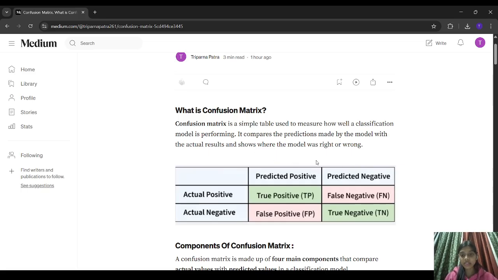The confusion matrix consists of a table. Here we write the predicted values and here we write the actual values. Under predicted values there come predicted positive and predicted negative, and under actual values there are actual positive and actual negative.